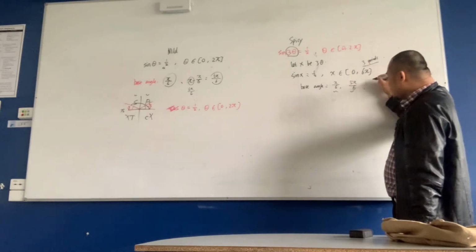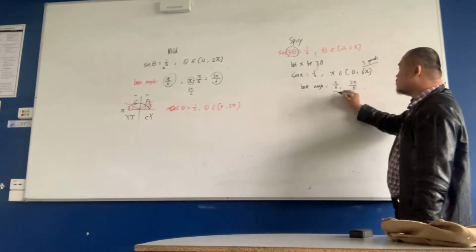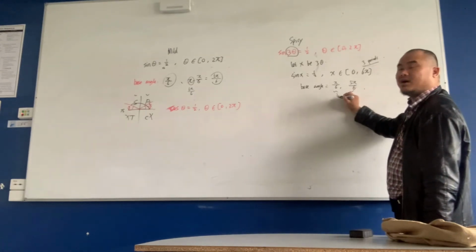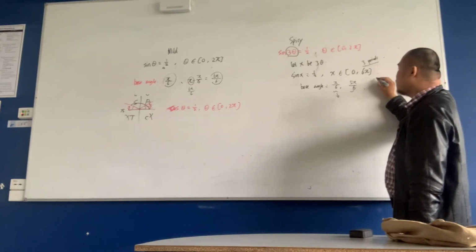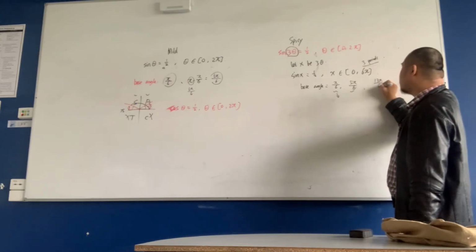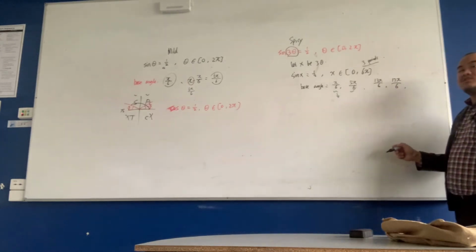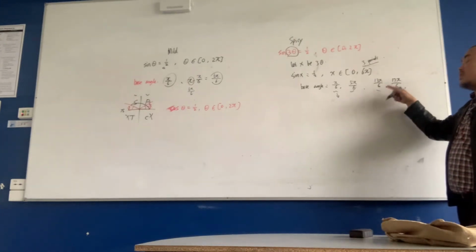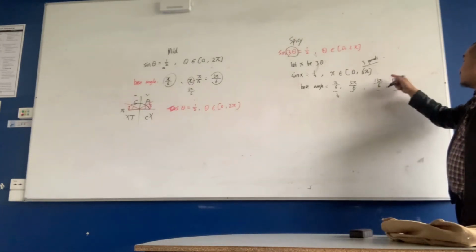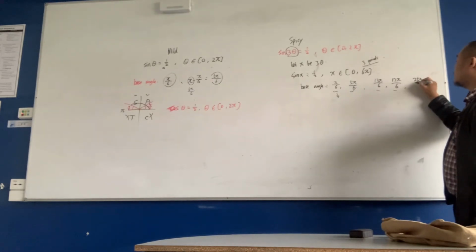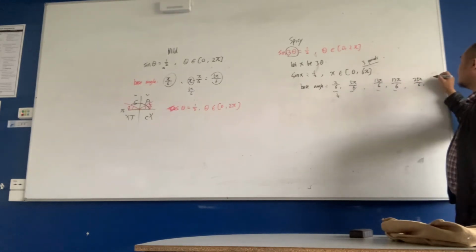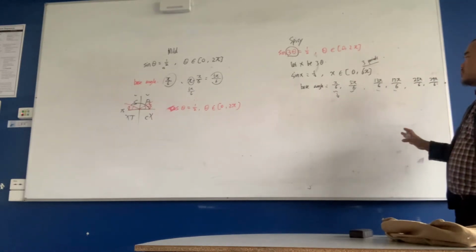Okay, and then for the second period, we simply use these plus 2 pi. So that would be 13 pi over 6, and then 17 pi over 6. And then do the same thing, we use these two plus 2 pi again. So that would be 25 pi over 6, and then 29 pi over 6. Now we get 6 solutions, okay?